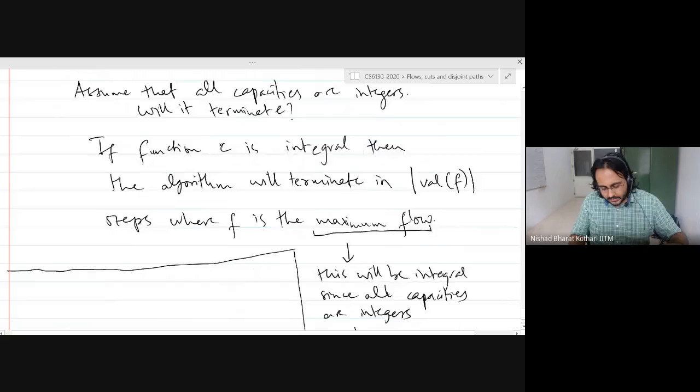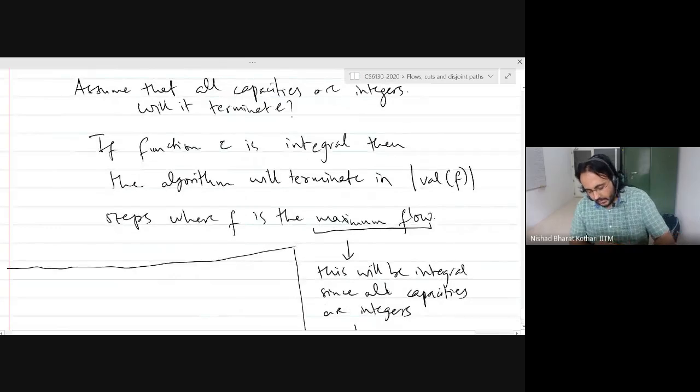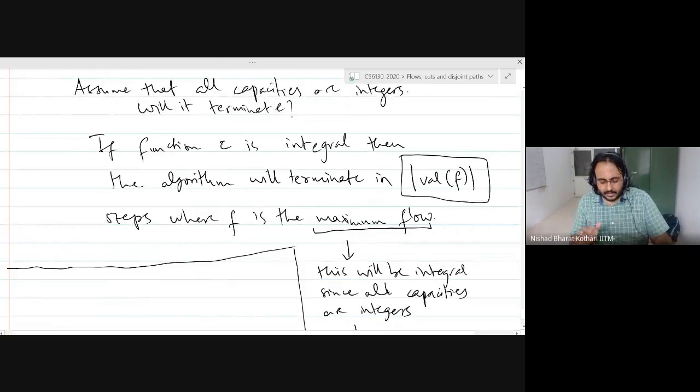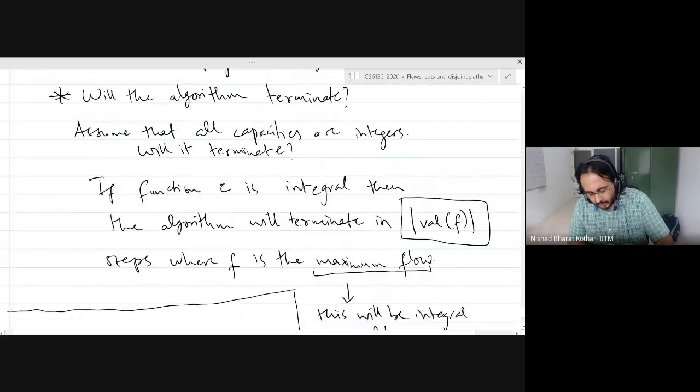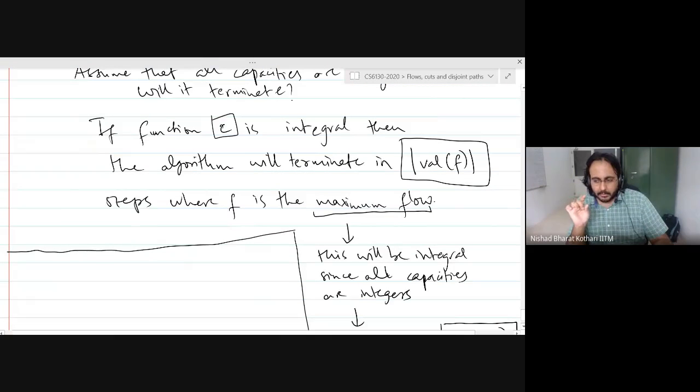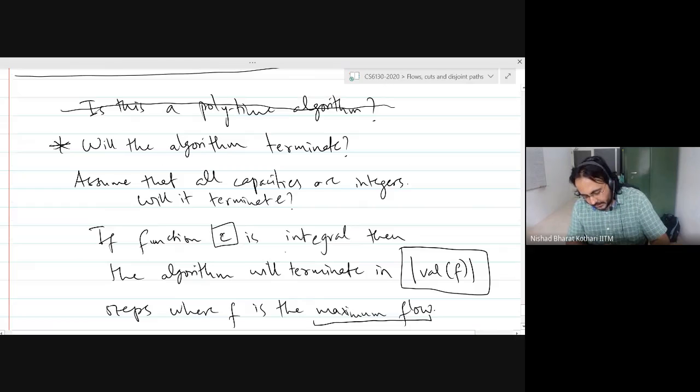Okay, so the point is that the algorithm will terminate in these many steps. Also notice that if all the capacities are rational numbers, then you can multiply by some big rational number and get a different network where all the capacities will be integers. Okay, so by dealing with integers, in some sense, we are also dealing with rational numbers. The problem is irrational numbers.